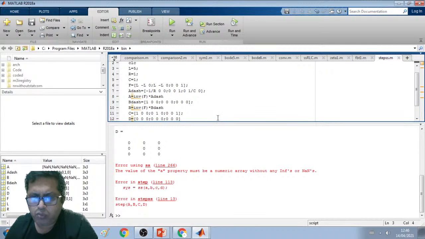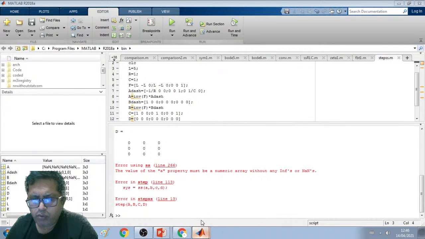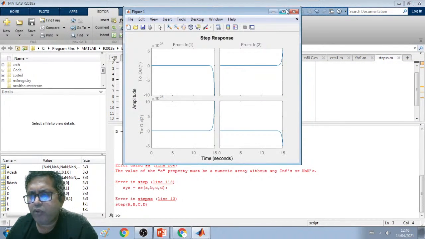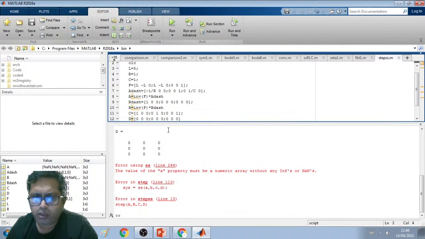So don't bother about this, only a difference of values is there. In this way you can calculate, even though we are getting infinity, you can calculate the value here.